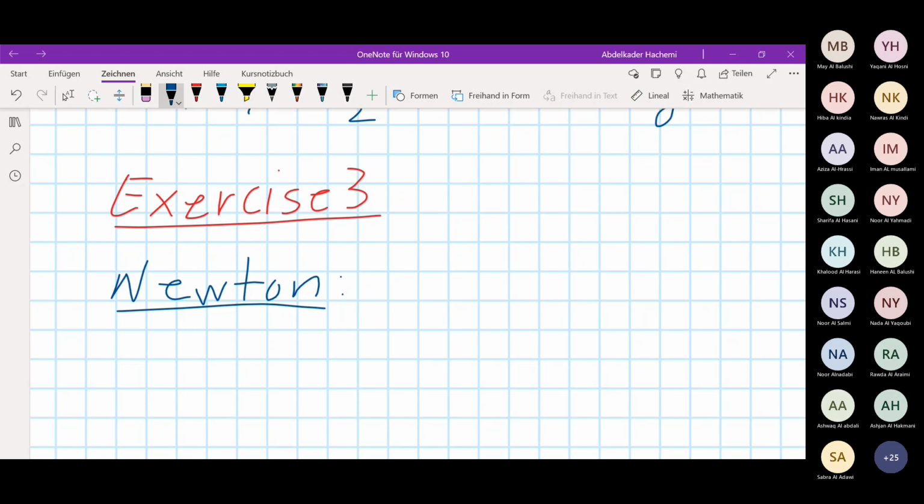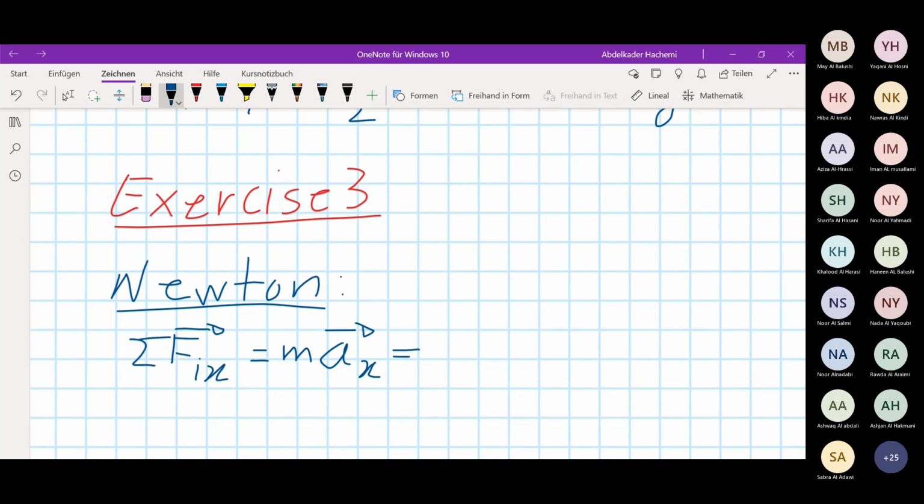That means the sum of the forces along the x direction is equal to the mass multiplied by the acceleration along the x direction.